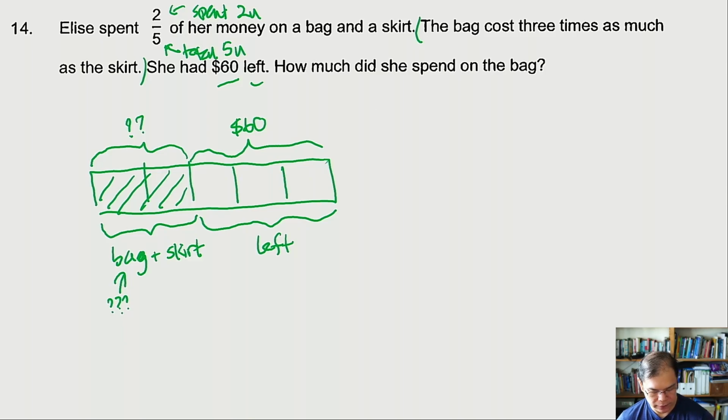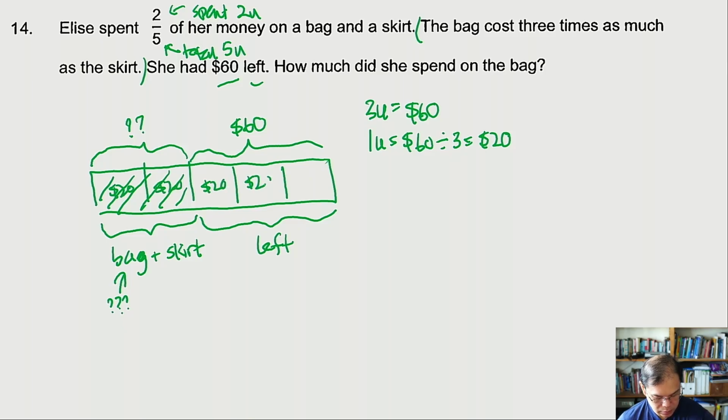So if I have 60, 3 units is my 60. Okay, 1 unit is $60 divided by 3, that will be $20. So this is 20, 20, 20, 20, 20.